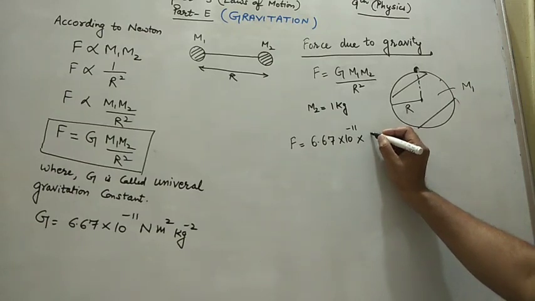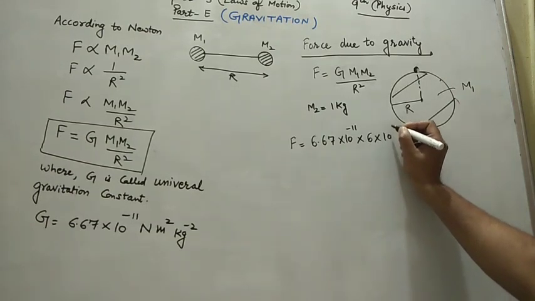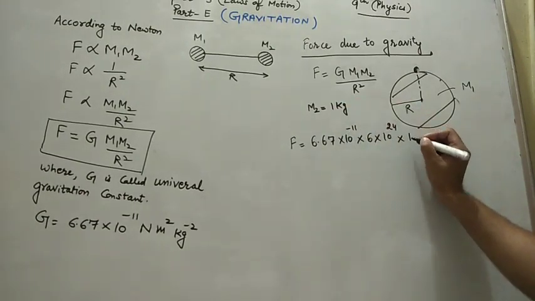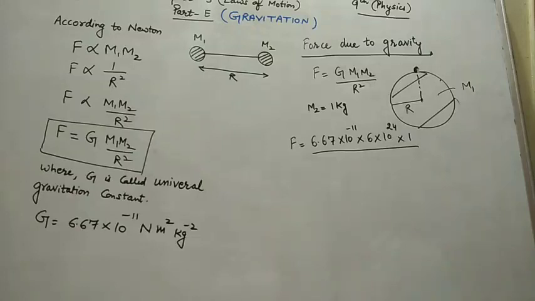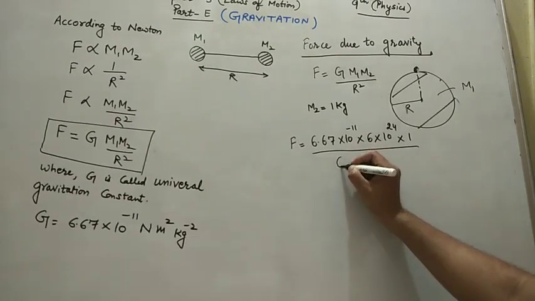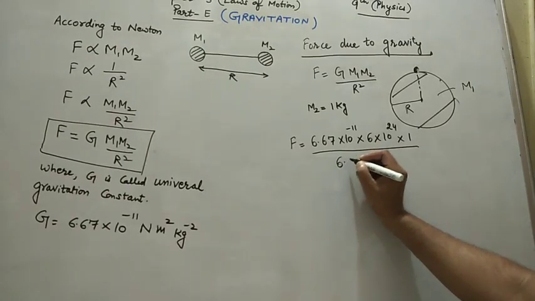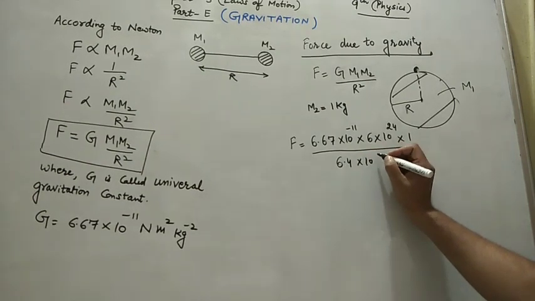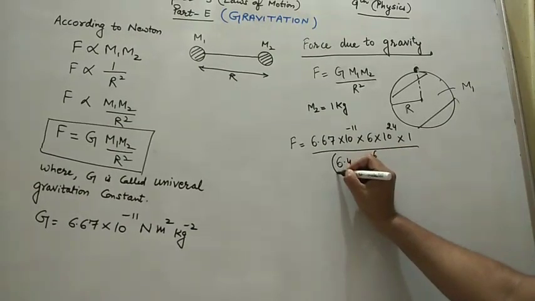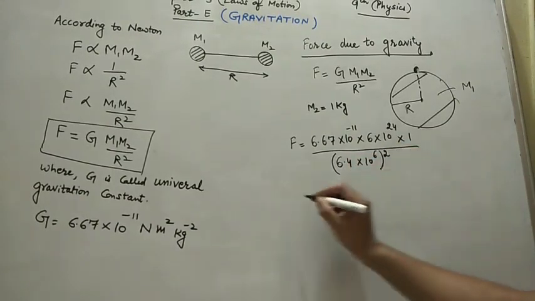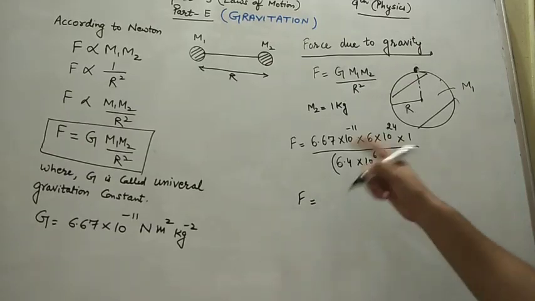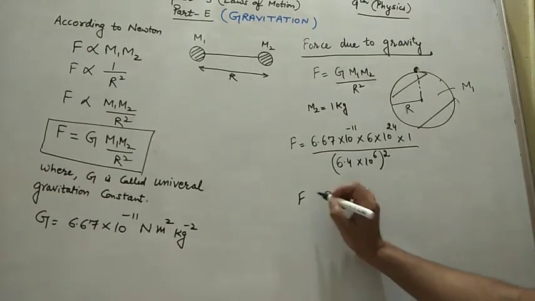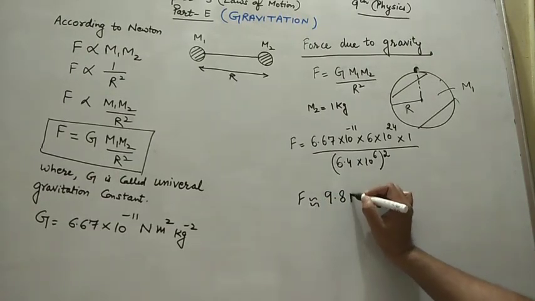If we substitute the values of G, 6.67 into 10 raised to power minus 11, the mass of the earth is nearby 6 into 10 raised to power 24 kg into m2, that is 1, divided by the radius of earth, nearby 6400 kilometers, so 6.4 into 10 raised to the power 6 meter, square of this. If you calculate, approximately you will get 9.8 Newton.